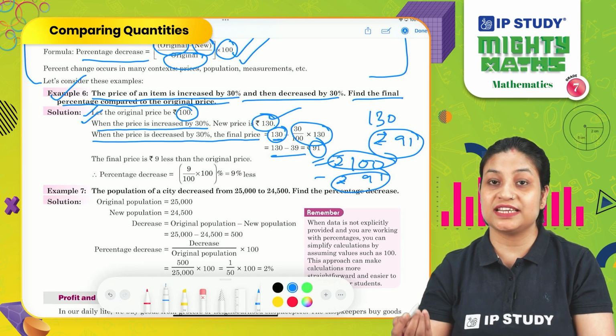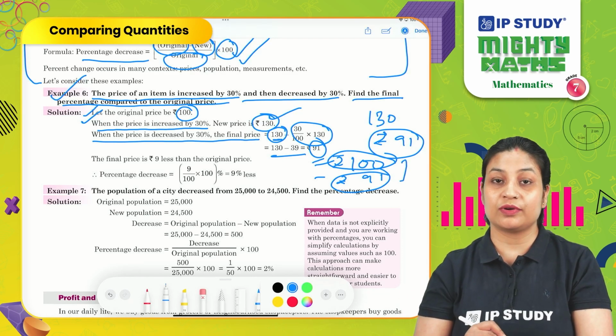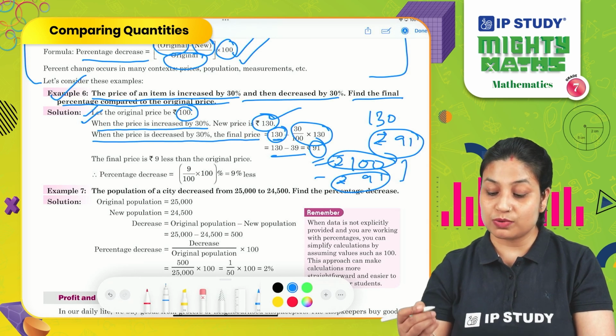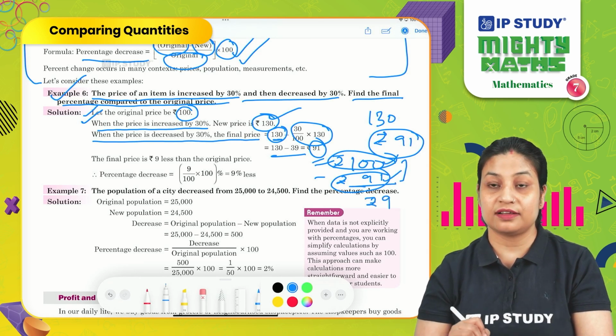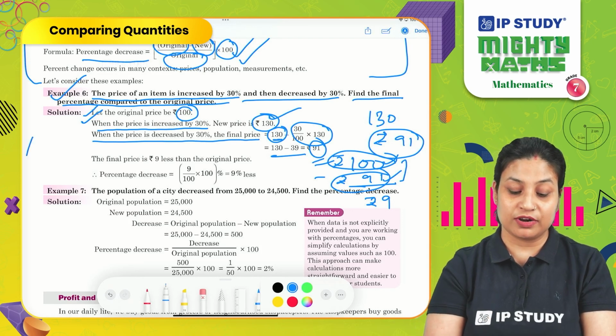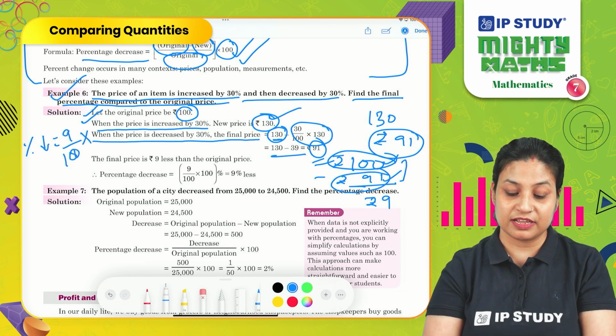Now, the price was 100 and now the price is 91. So the price is decreased or increased over here? It is decreased. It means we have to calculate percentage decrease over here. So what is the difference between these two prices? It is rupees 9, right? So in order to find out percentage decrease, I will take the difference in the numerator and divide it by original price multiplied with 100.